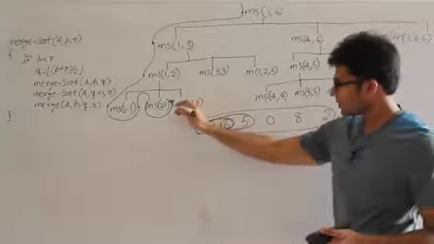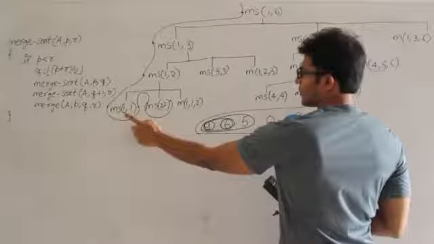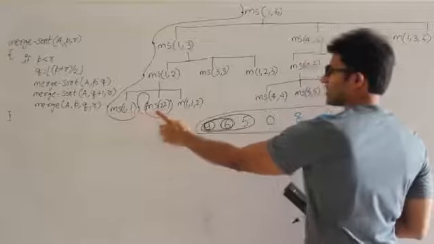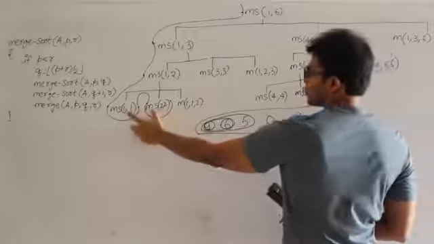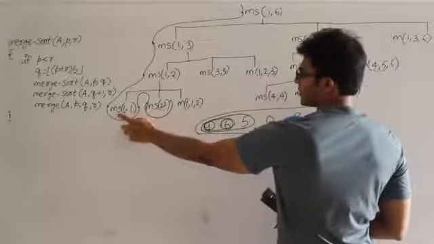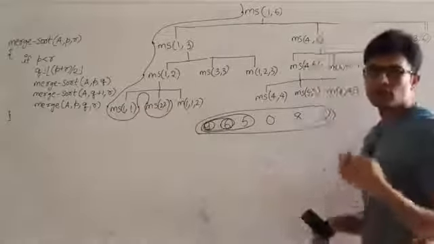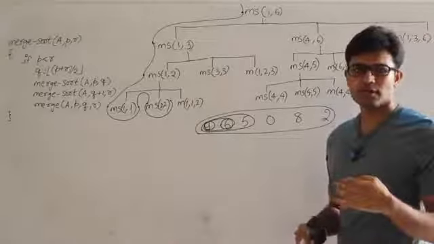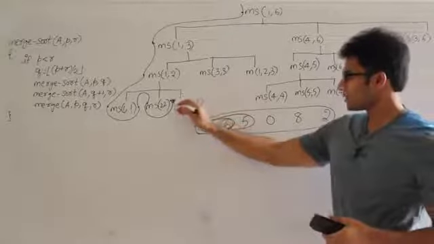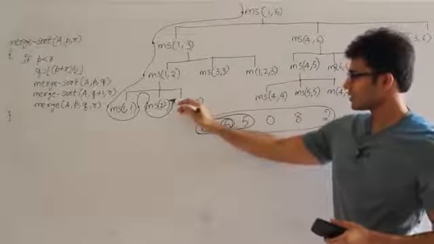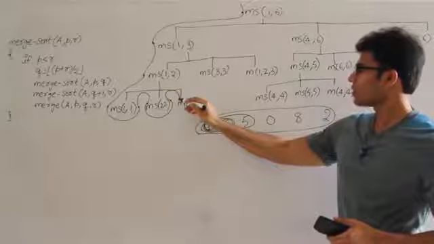Therefore, by the time I reach here, there are two lists. One list contains the first element and the other list contains the second element, and both of those lists are already sorted. The reason is merge sort is supposed to sort them. And moreover, every list which is containing one element is already sorted. So by the time I reach here, I have two lists which are sorted. And now I am calling merge.